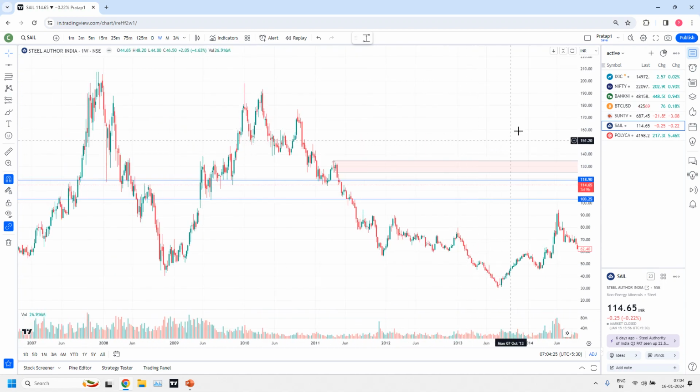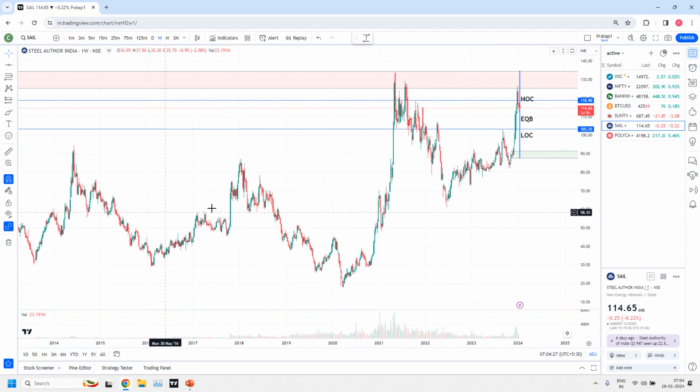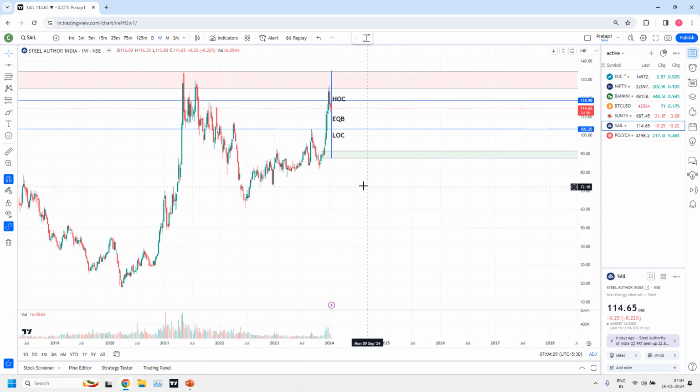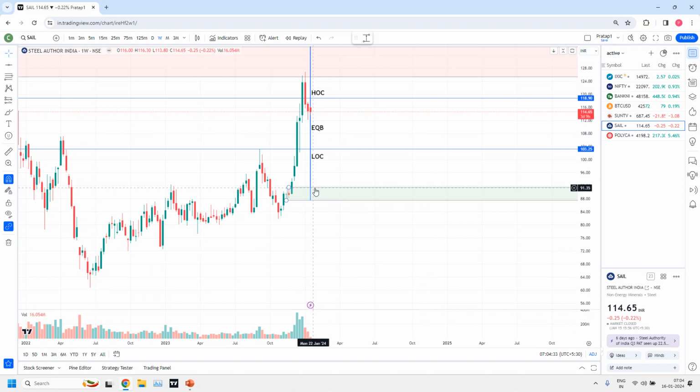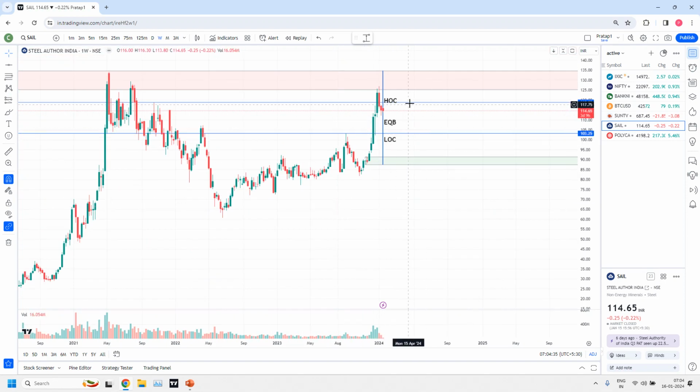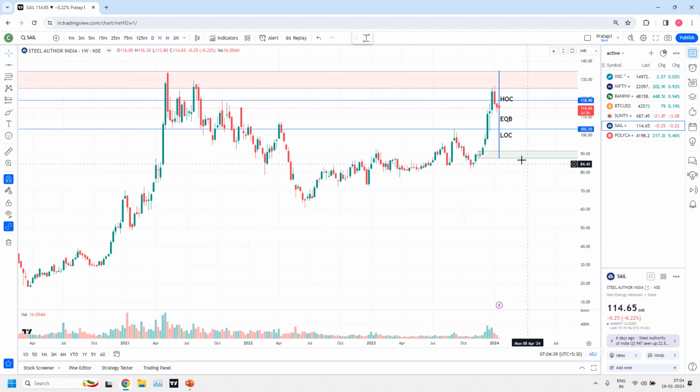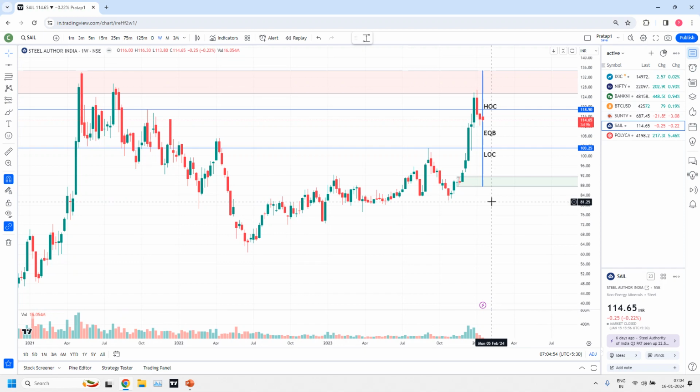So from the distal line of this weekly supply zone to the distal line of this weekly demand zone, we have drawn a straight line and then divided it into 3 equal parts. So we identified low on the curve, equilibrium and high on the curve. So divide this entire area into 3 equal parts. Okay.